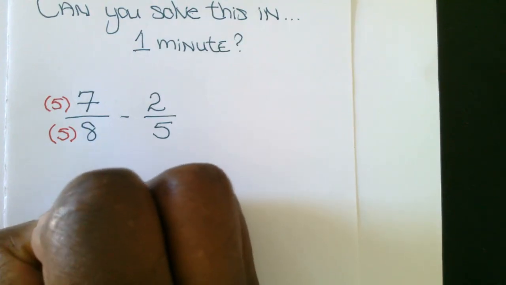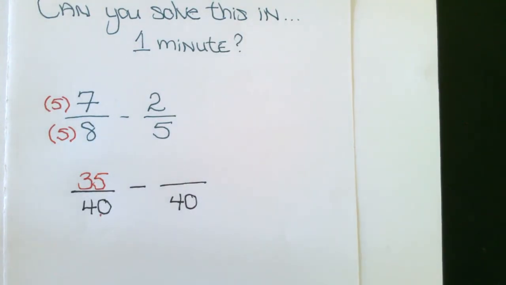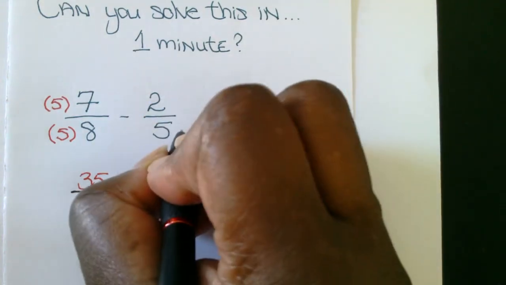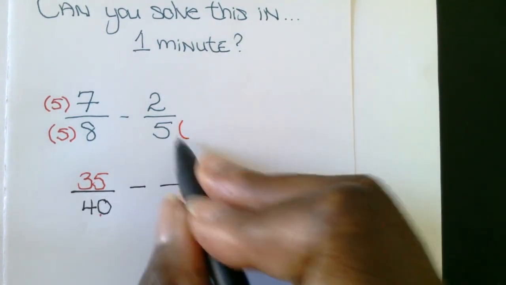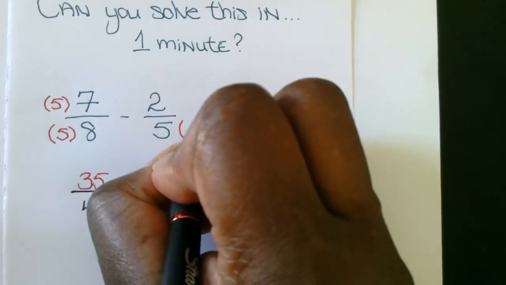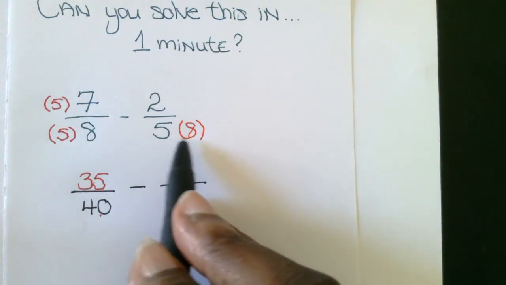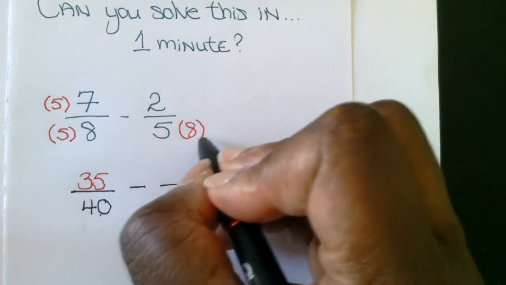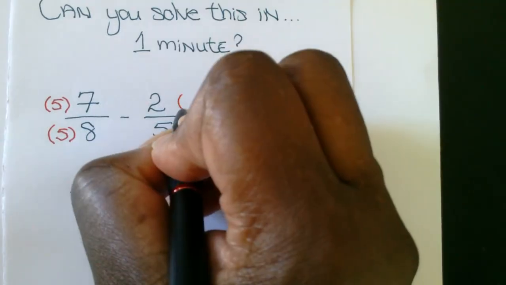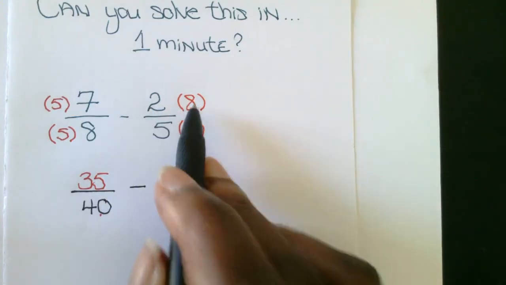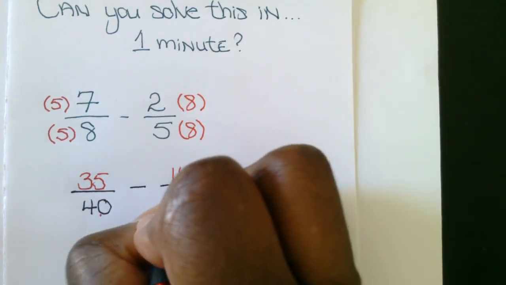Because 5 times 7 gives me 35. Okay? So now, to change this 5 to a 40, it'll give you 8. So 5 times 8 gives me 40. Whatever I do in the denominator, I must do in the numerator. So 2 times 8 gives me 16.